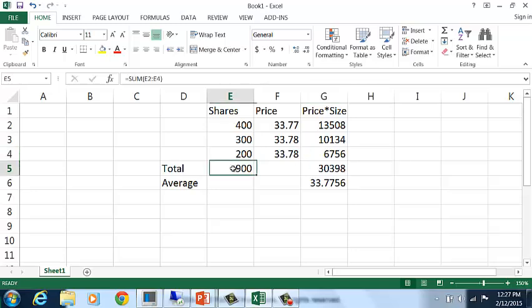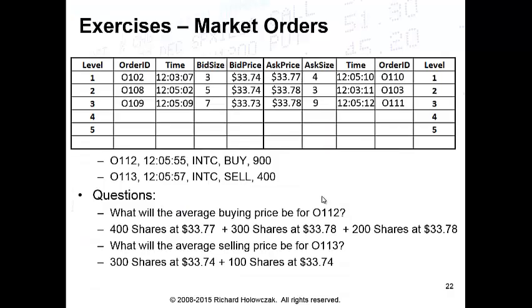We sum up the total shares that we've purchased, and we sum up the price times size. And then finally, by dividing those two, we end up here with our average buying price of $33.7756. So this is a weighted average buying price that our buyer achieved. So just doing out the math, we get that 33.77 and change there.